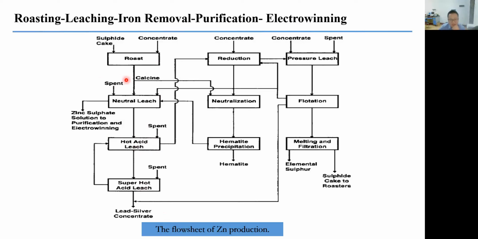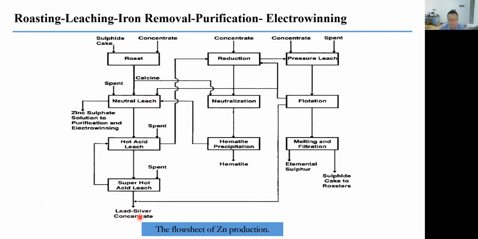And after that, we can get some residues like lead and silver. And we know that in the hydrometallurgical process of zinc, we are using sulfuric acid. So in sulfuric acid, lead and silver are not dissolving into the solution, so they will remain in the residue or in the underflow.